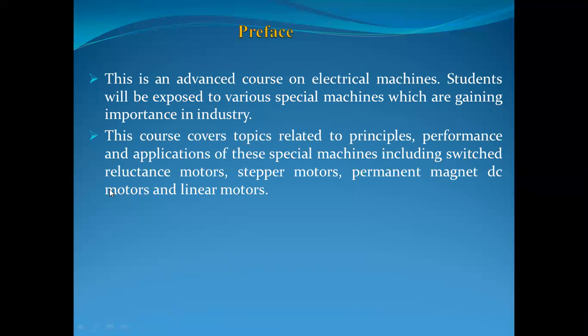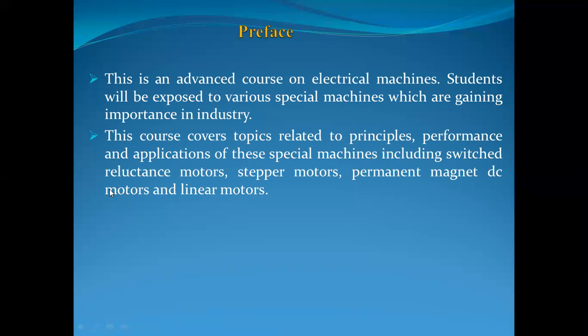These are very important to know, because in the present scenario in industrial areas and also for household or domestic purposes, we are using most of these applications.